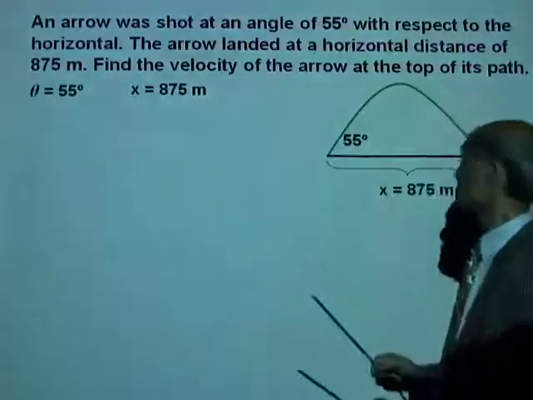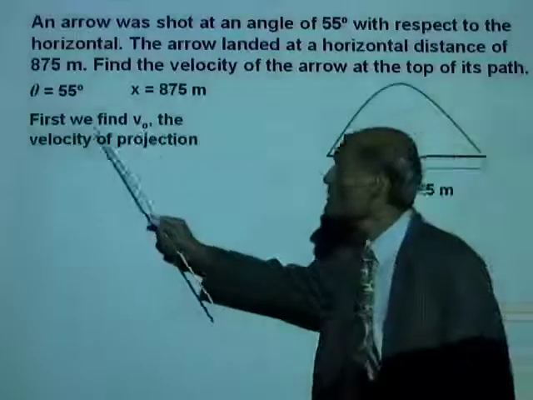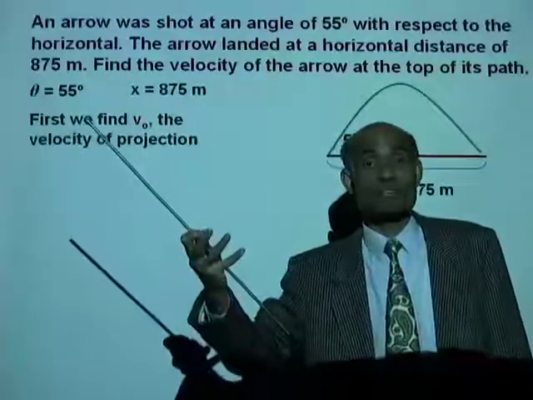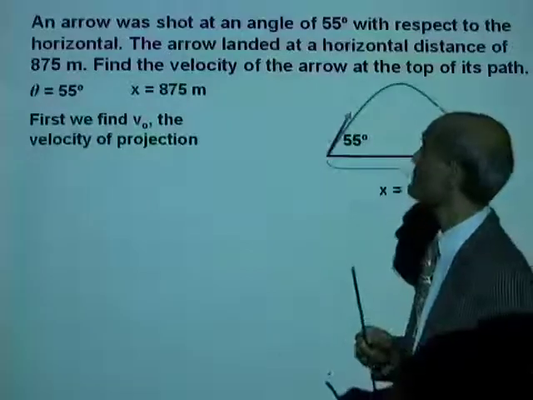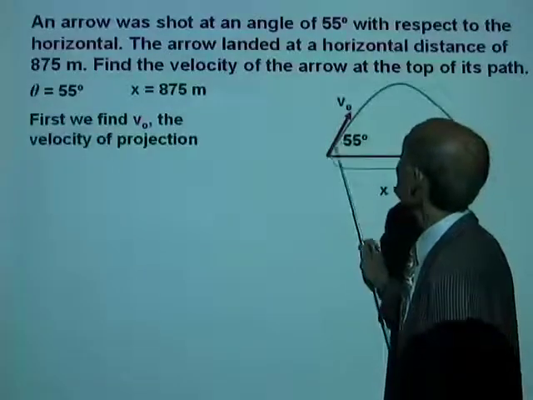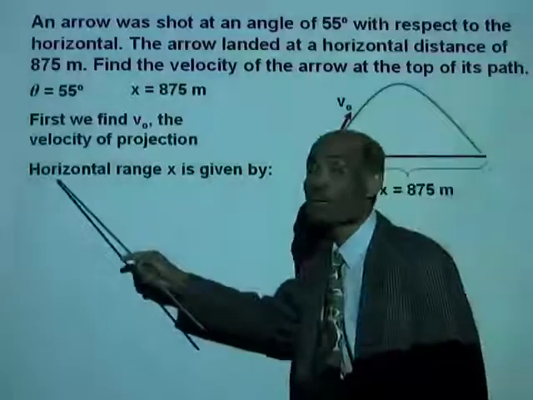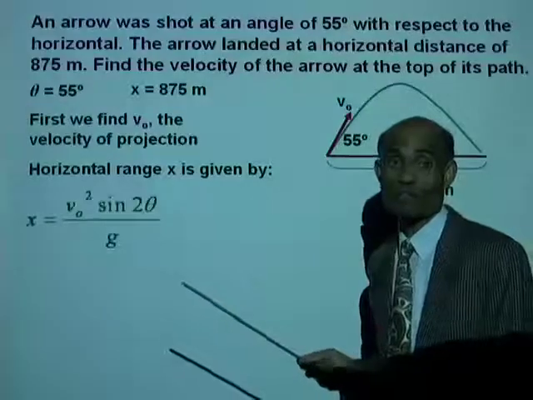So, x equal to 875 meters. First, we find V0, the velocity of projection. Without that, we cannot answer this question. So we need to find V0, the velocity of projection. And what is the equation for the horizontal range?